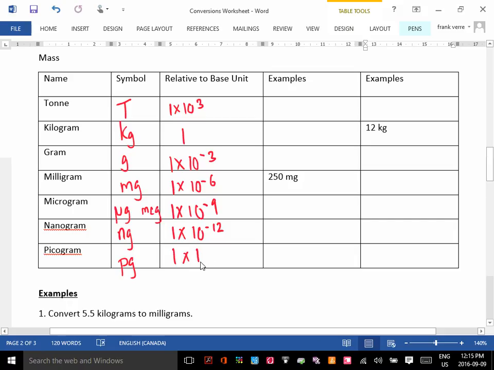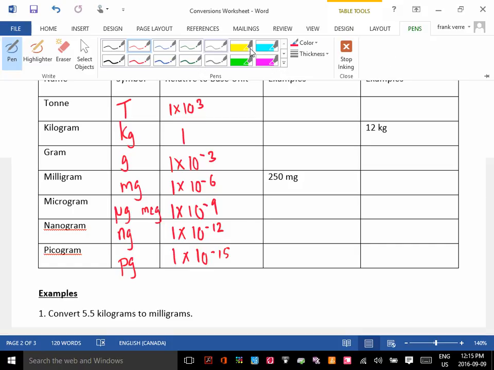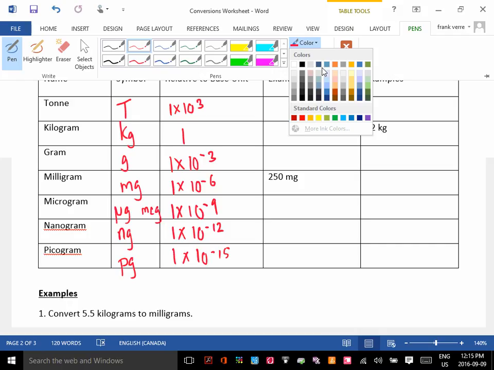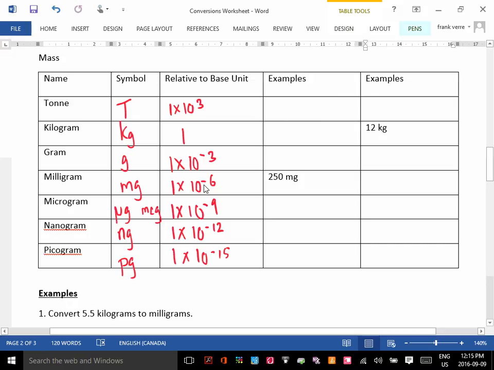Now this is all relative to what though? The kilogram. If we were to make this relative to a gram, I'm going to change the color here, just so you see that. Imagine the gram was our base unit, so the gram would be 1, then a milligram would be 10 to the negative 3.